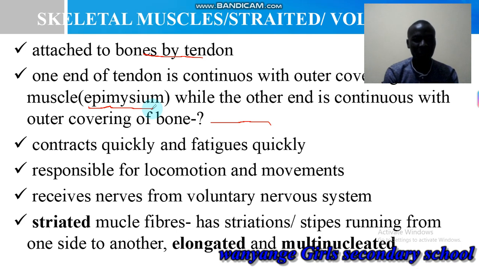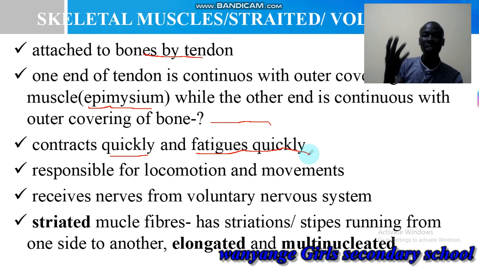So something very important, muscles are able to contract quickly and they become fatigued easily, meaning that they become tired of contracting easily. So they can contract quickly, but they can also become fatigued quickly. And they are responsible for locomotion and movement.